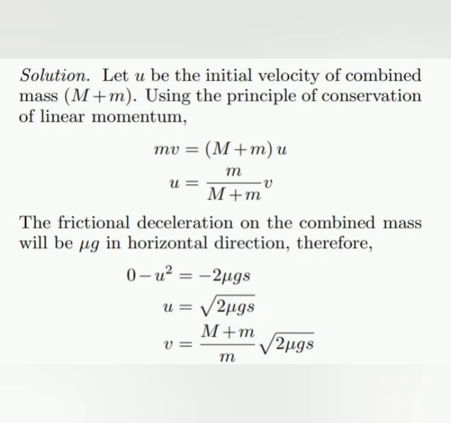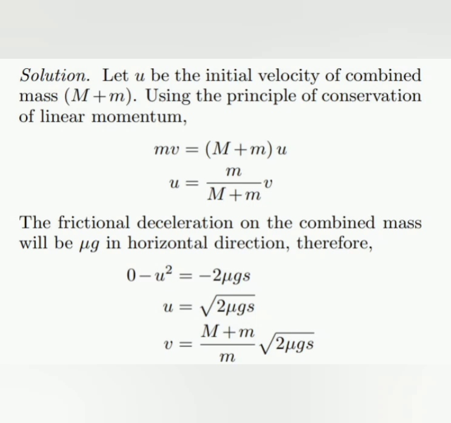But there's a mu term because of the friction: the deceleration of the combined mass will be mu g, not simply g. If friction is mentioned, we have to multiply by mu g. That's the main point to remember in this question. So it will be minus 2 mu gs.